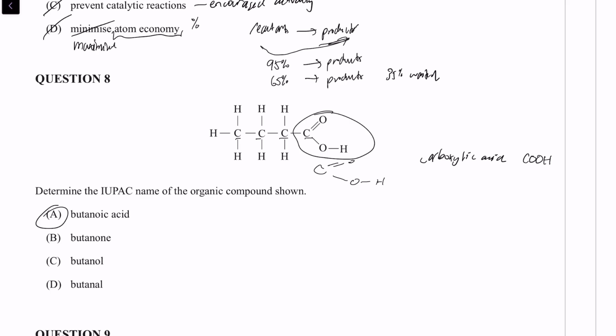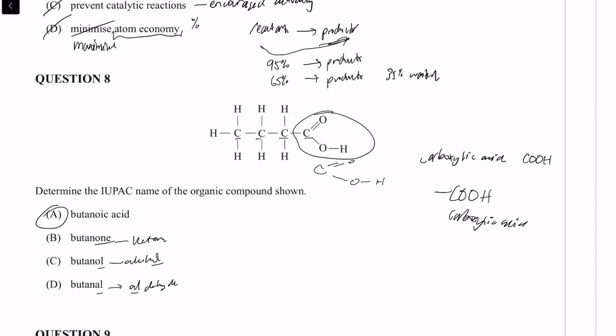So just recognize that if we have a COOH, we immediately think carboxylic acid. Okay, butanone is a ketone from the one. Butanol is an alcohol from the ol. And butanal is an aldehyde, so think aldehyde.